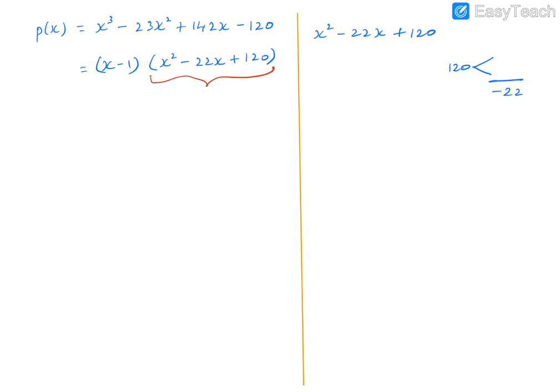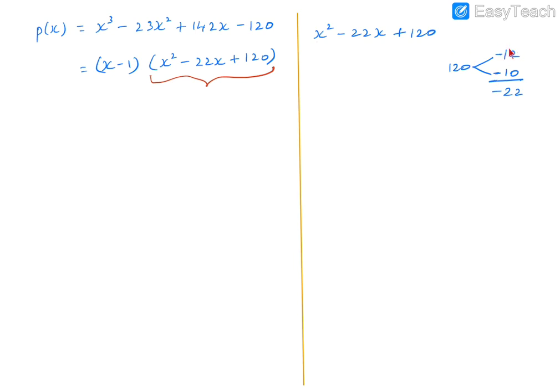Clearly one of the combinations for 120 product, which will give us a sum of minus 22, is 12 and 10. So we can use 12 and 10, and when we add them we will get 22, but we want minus 22, so we can put a minus in front of both the numbers. So minus 12 minus 10 is minus 22, and the product minus 12 into minus 10 is plus 120, because both are minus.